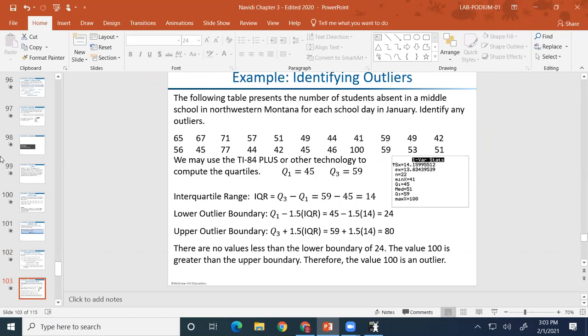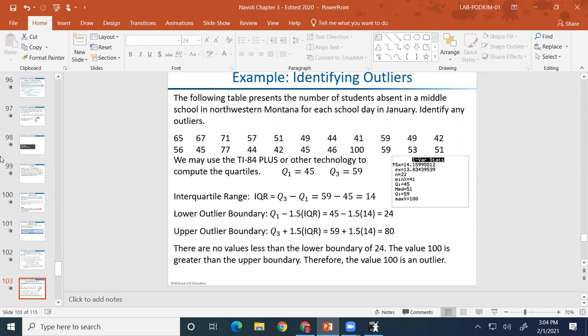This was some data for days in January and the number of absences in middle school in Montana. They went ahead and popped it all in the calculator, and they got the 5-number summary back. So Q1 was 45, Q3 was 59. So the IQR is a high of 59, take away the 45.